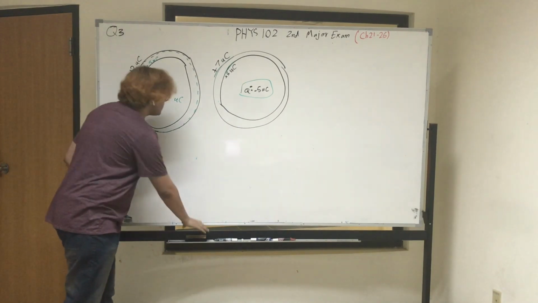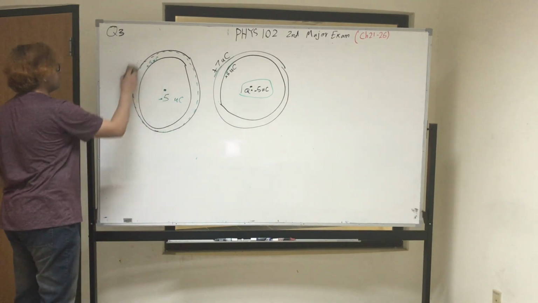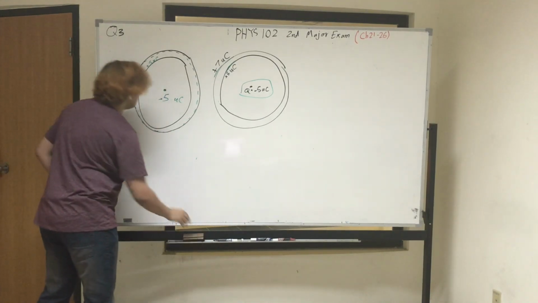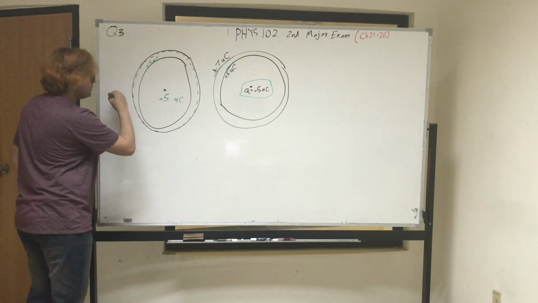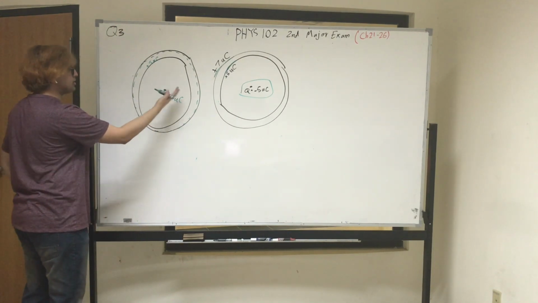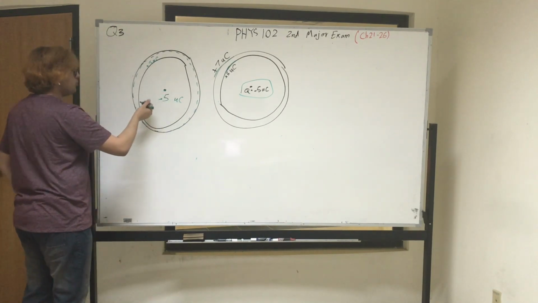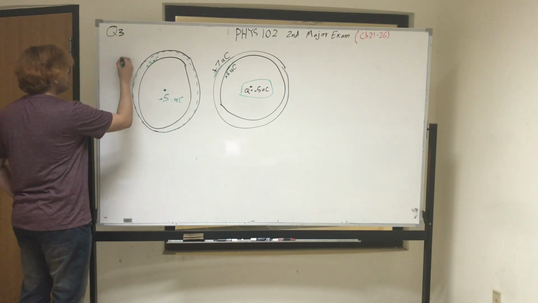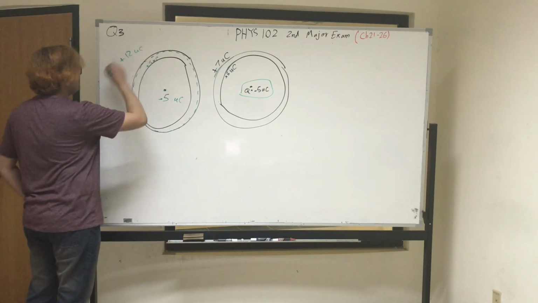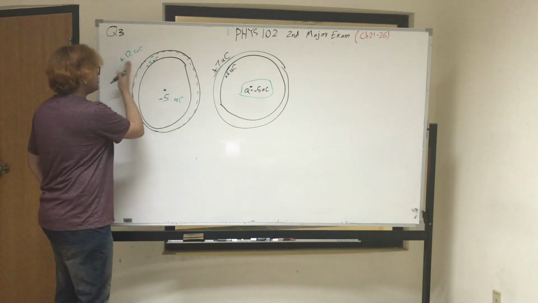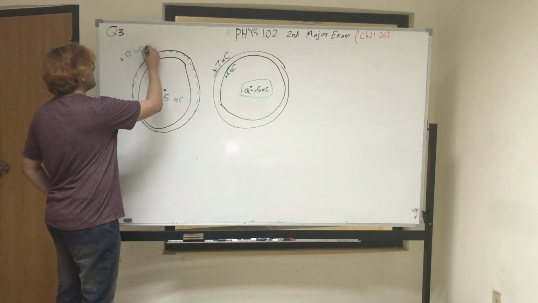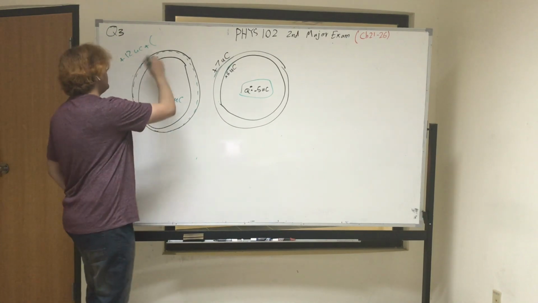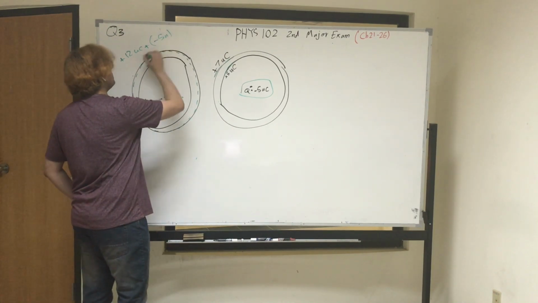So think of what's going to happen if we repel 5 microcoulombs of electrons to the outer surface. So this here is like a repulsion sort of force. In the past, before we placed this charge, we had 12 microcoulombs. But once the electrons moved away from the inner surface to the outer surface, we added negative 5 microcoulombs.